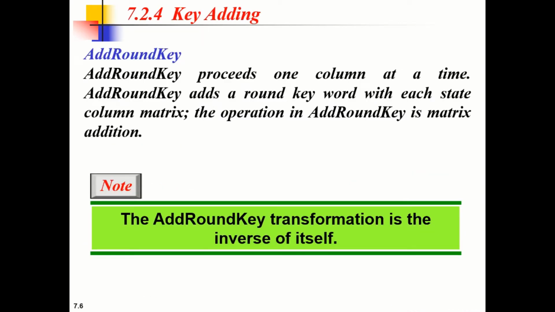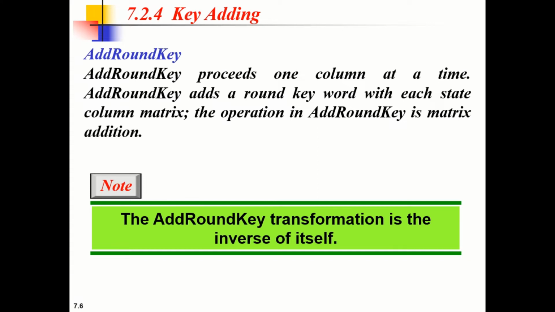Now the next and the last operation of any round is key adding, right? So we are done with the sub byte, shift rows and mixing. The last operation and the most important operation is adding of key, because this key makes this cipher secure, so that any attacker could not intercept the message.